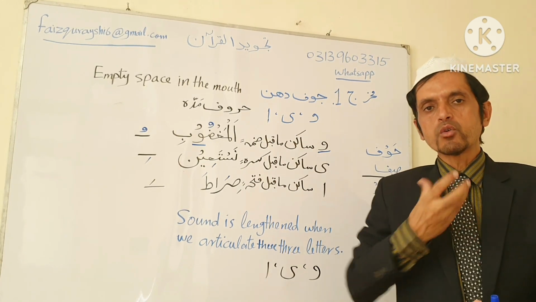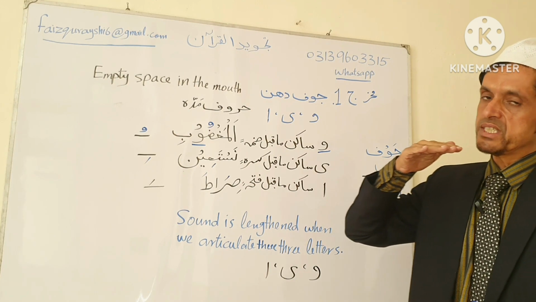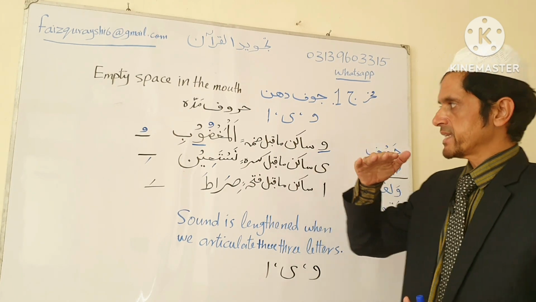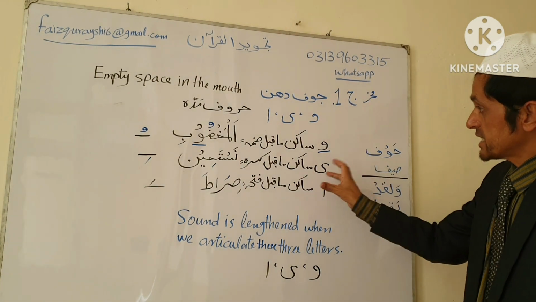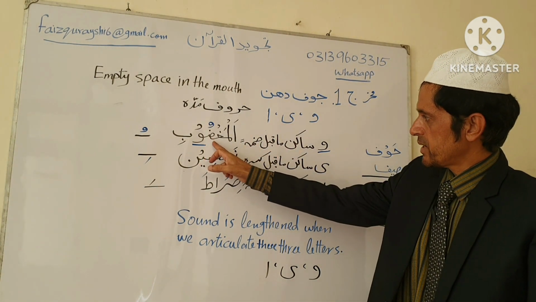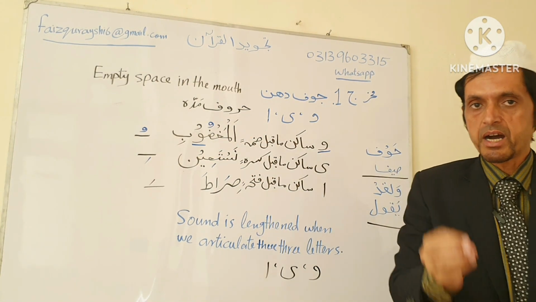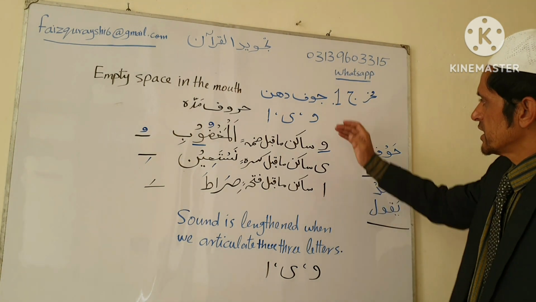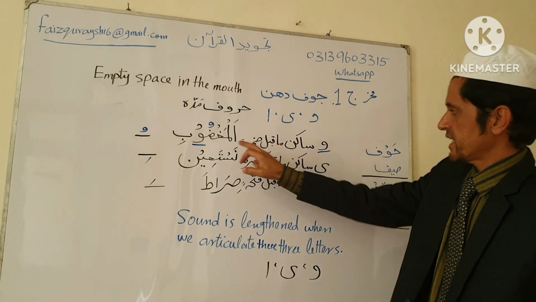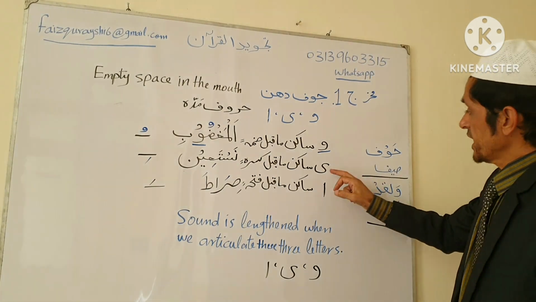One sound comes out, so this sound goes through that space and it creates the letter Waw, but Waw Sakin Maqabal Dhamma in this case, because we have a number of other Waw. I will explain later. Now you see this is Waw. We can articulate from this space.